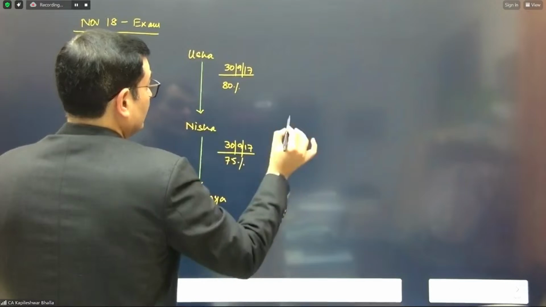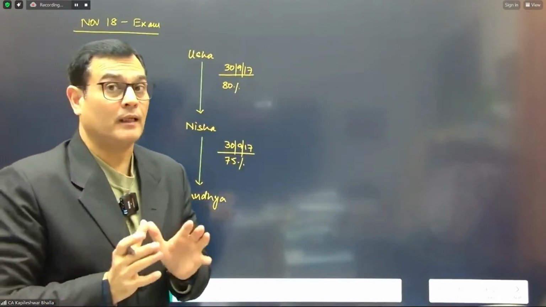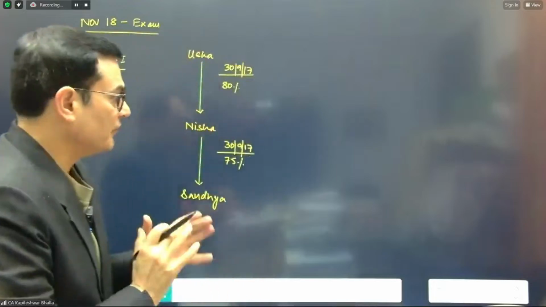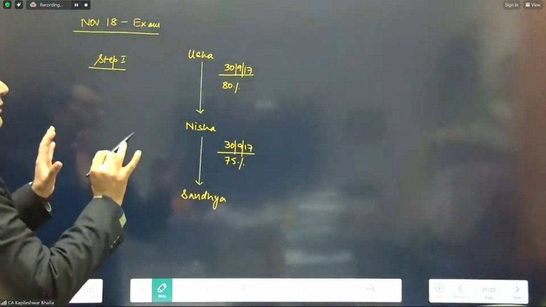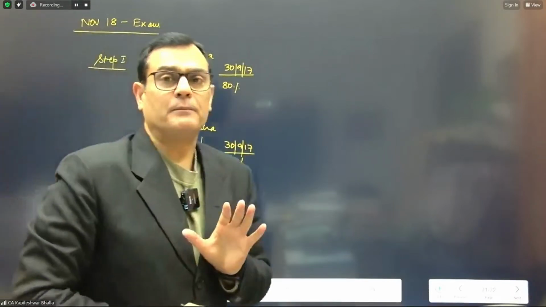Earlier, there were no complications in terms of step number 1. Now there is a little agenda which you need to keep in mind when it is a chain holding. During step number 1, please identify the NCI in both the companies. Now watch this analysis carefully. Ultimately, the company which will make the consolidated balance sheet is the top company.